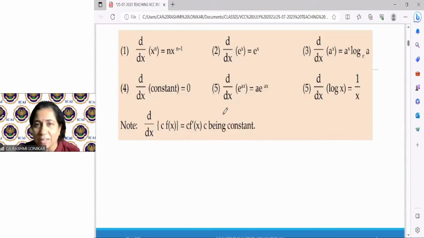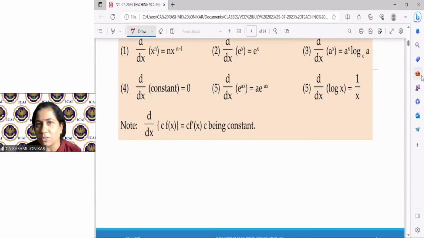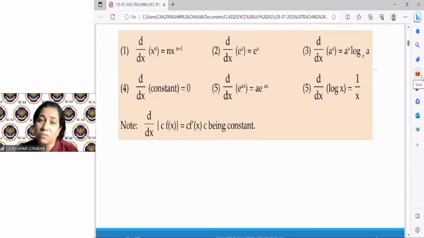I'll quickly revise the formulae for differentiation because, especially when we are using the UV rule, we have to use differentiation again. So it's always better to revise differentiation and integration formulae together. The PDF is uploaded on the live sessions website.